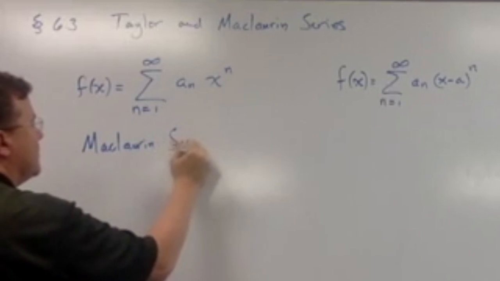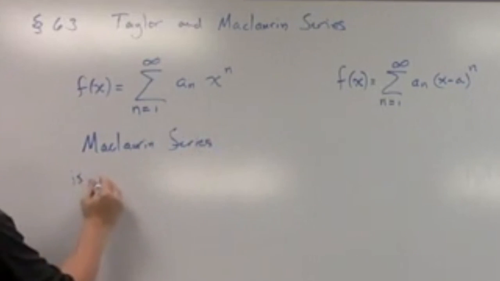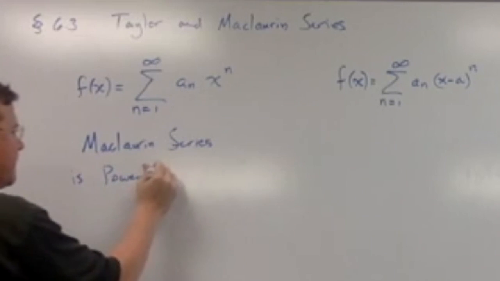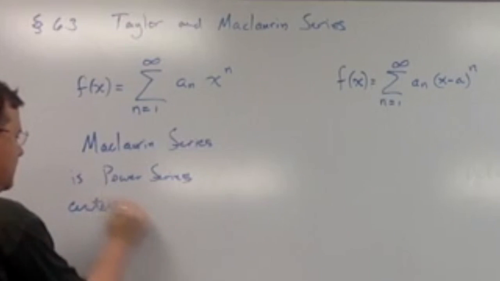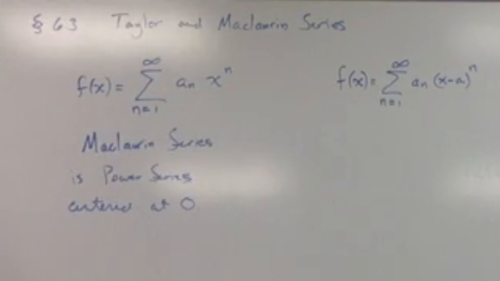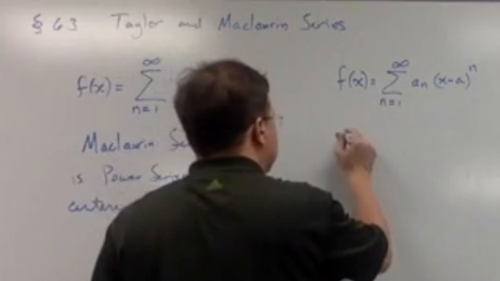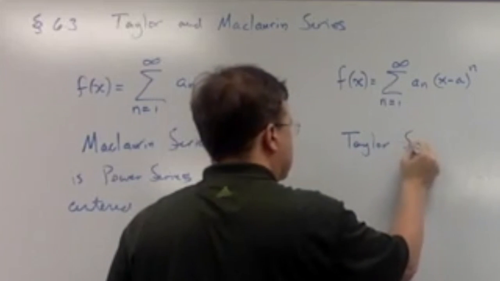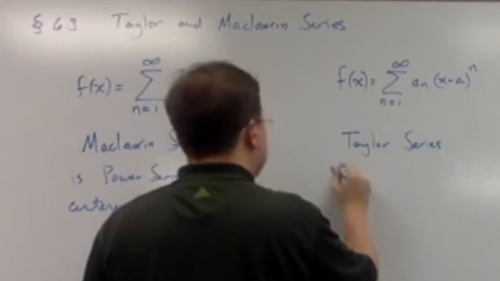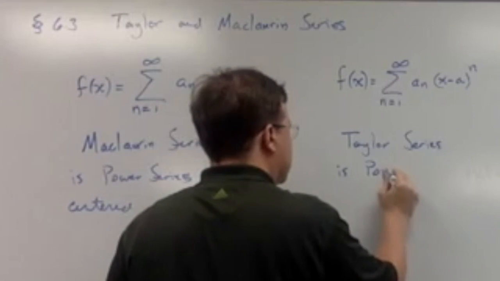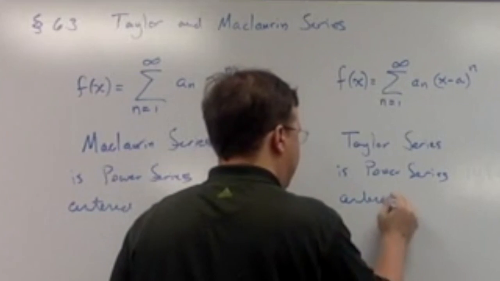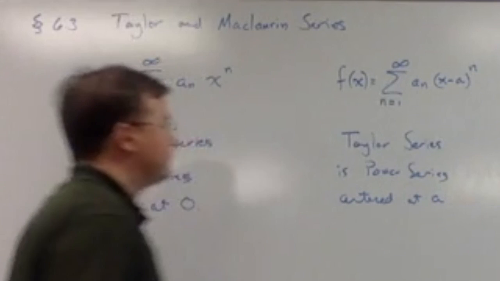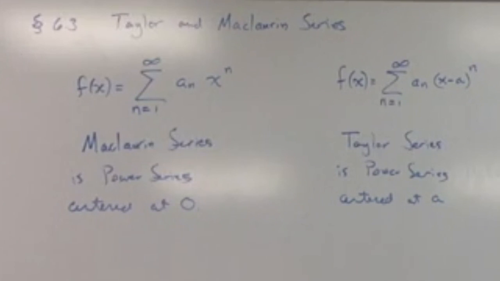So a Maclaurin series is a power series centered at 0, and a Taylor series is merely a power series centered at a. No big deal, we're just giving things names, things we've already dealt with and have been working with.